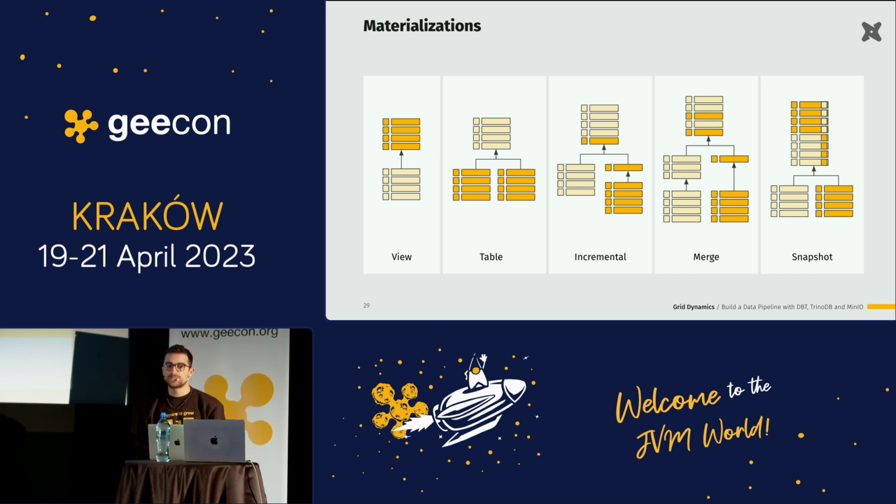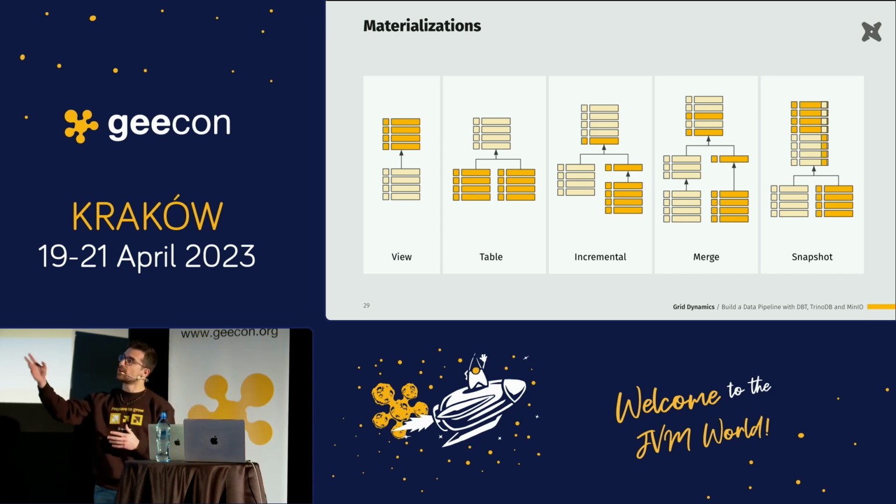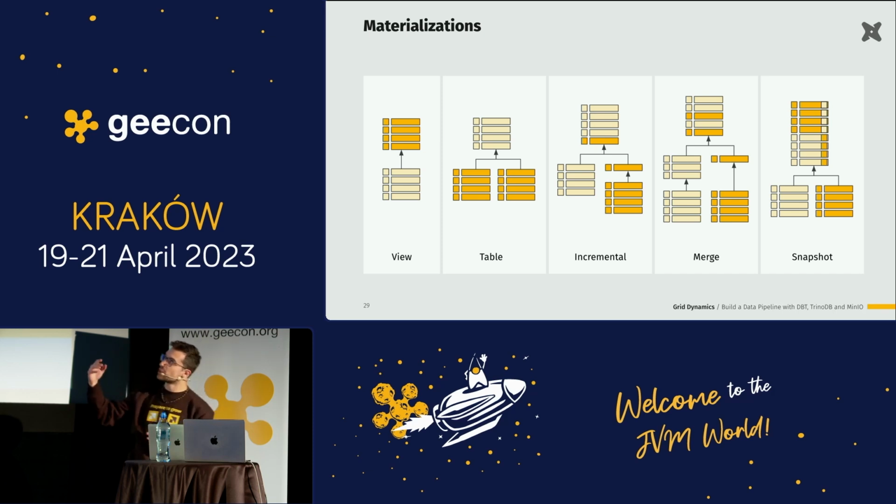The first thing that you will see landing in the DBT UI or website is materialization. From left to right we have views, tables, incremental tables, merge materializations, and snapshots. The views and the tables are basically create or replace, while incremental takes the actual status and checks what is new.